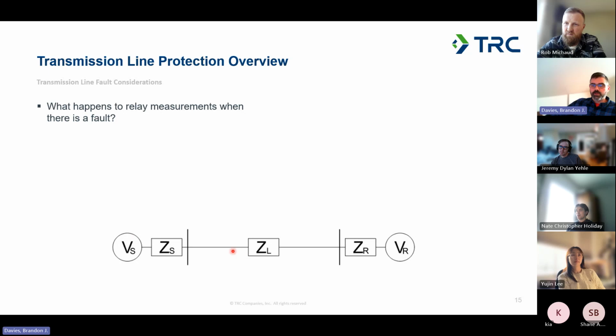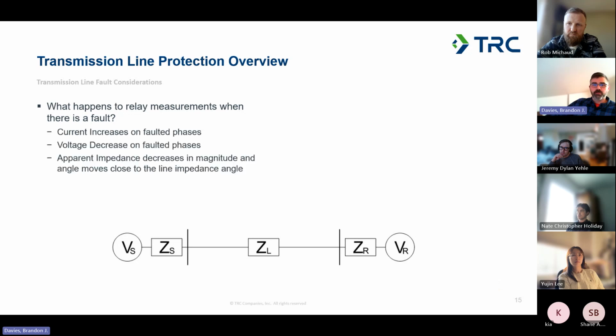Yeah. So if you put a fault somewhere on this line, it's going to depend on where it is, but in general you're going to have an increase in current and a decrease in voltage, because for a three-phase to ground fault you've basically grounded out this circuit midway down the line, and that's going to depress the voltage in the system.